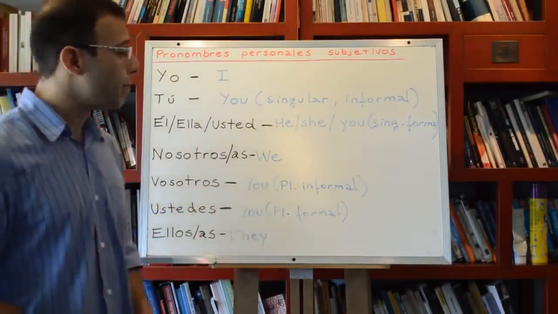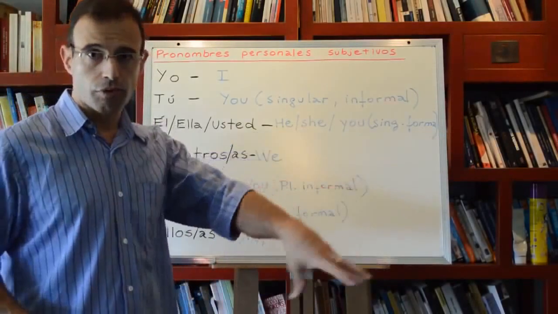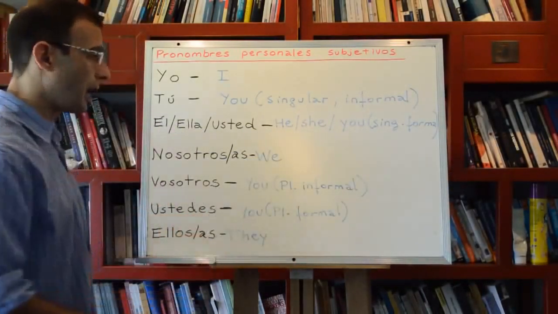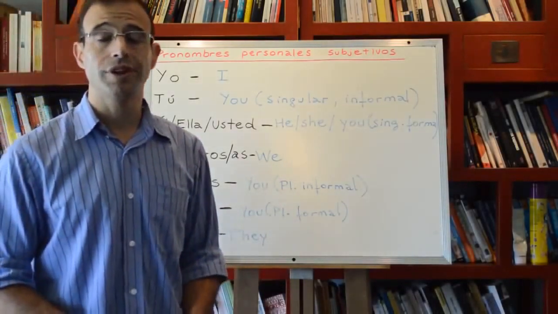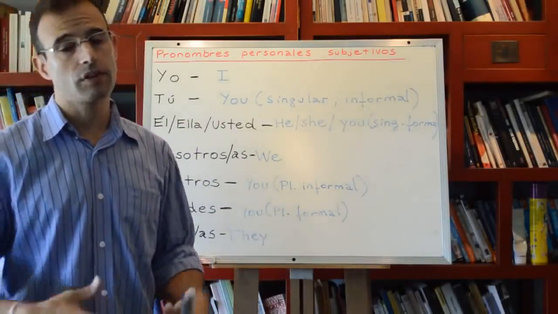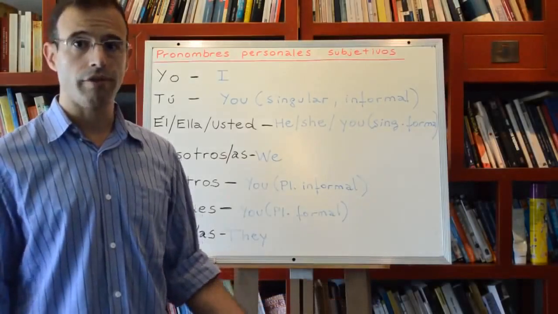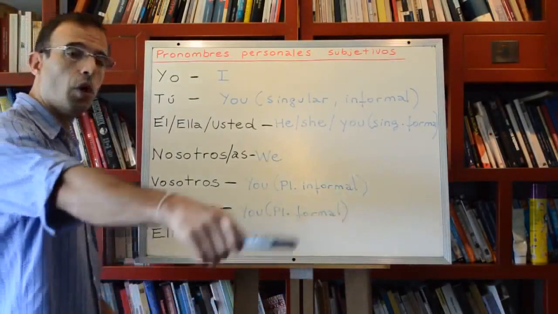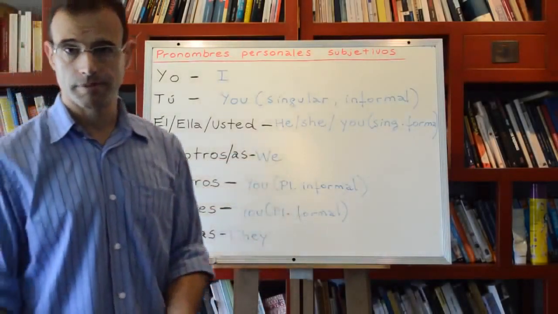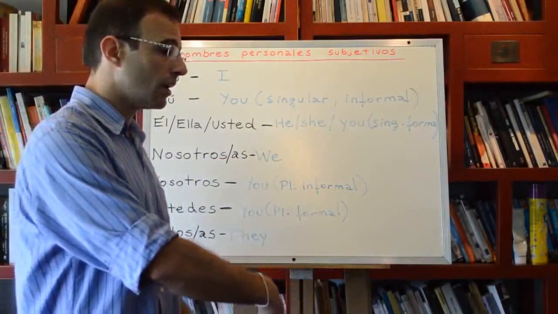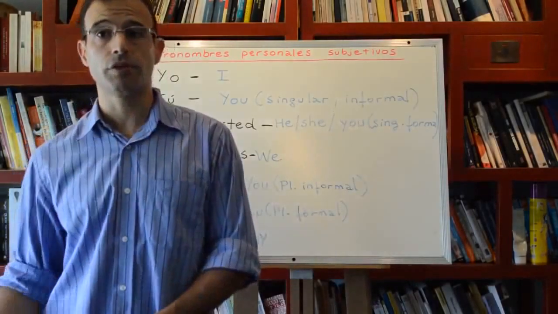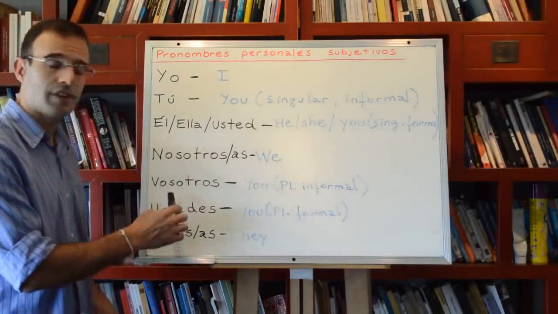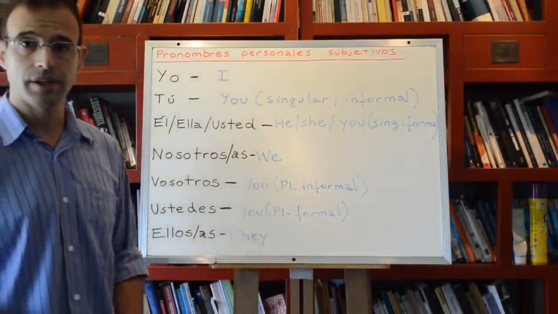Okay, for plural you, so for you all, we have vosotros, okay? Vosotros is informal, right? Is the one we would use more often. And ustedes is you all, but formal when addressing a group, a board of directors, for example. However, vosotros, this distinction is only in Spain.